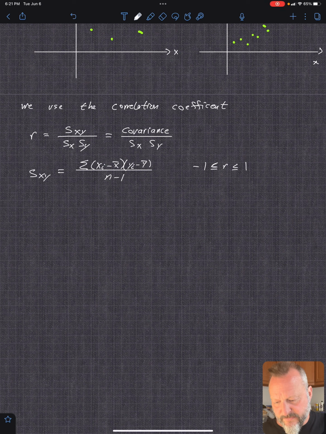All right, so if R is 1, then all points are exactly correlated.